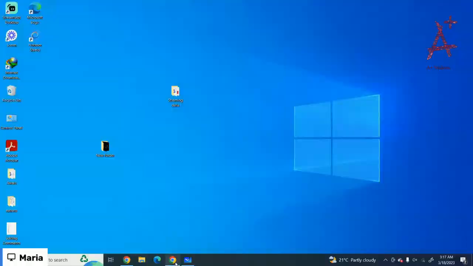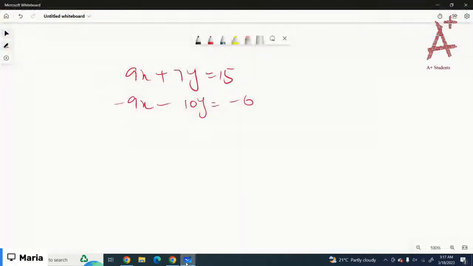Got it? Okay, we have to eliminate a variable. So here you can see by adding the equations, you can eliminate x. 9 minus 9 is 0. Let's just add both the equations.